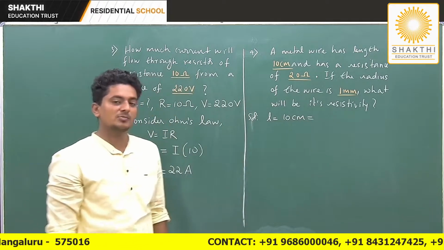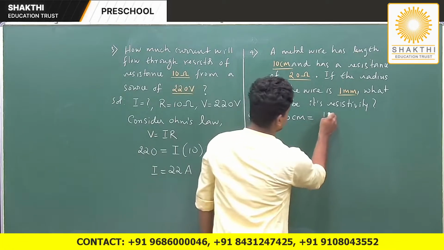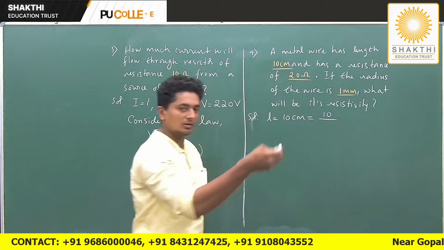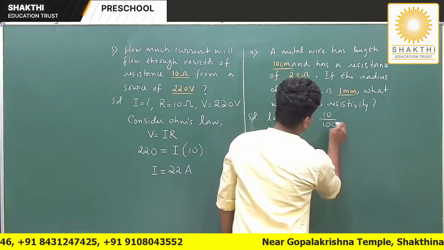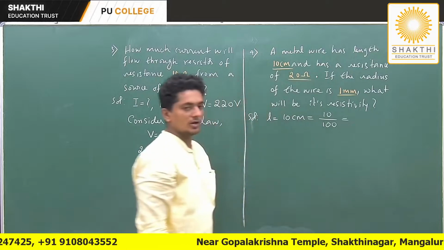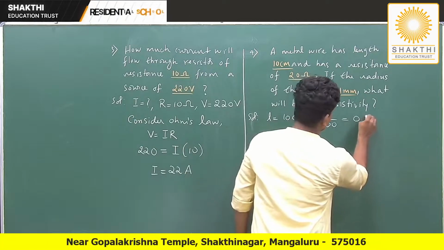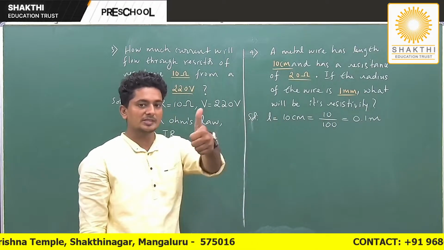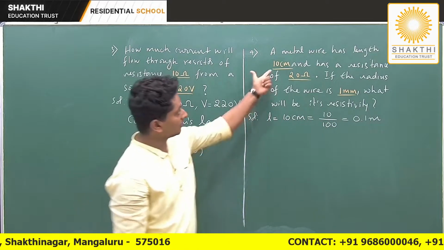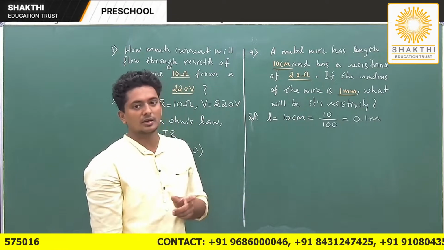10 centimeters means how many meters? How do you convert? Okay, so to convert from centimeters to meters, you have to divide by 100. 10 by 100 is 0.1 meters. So always remember, SI unit of time is second, SI unit of length, radius, diameter, breadth, width, all those things are meter.